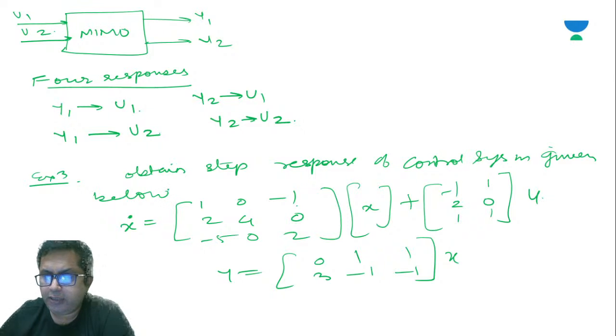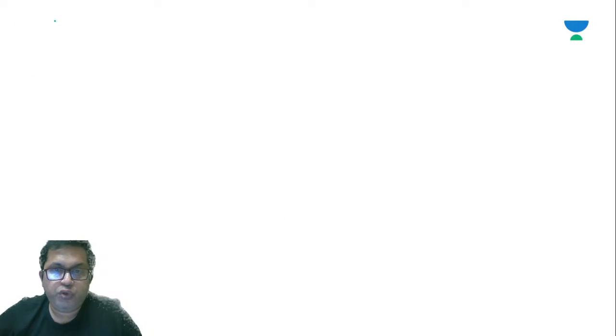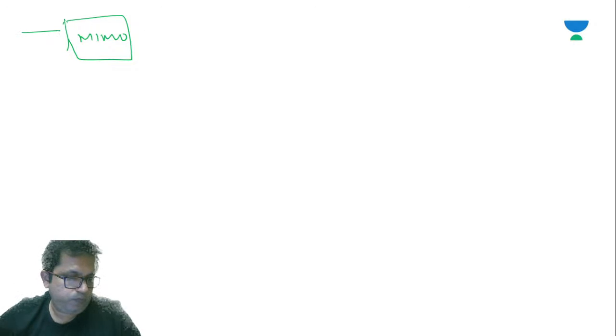So 3 states, and how many inputs? Let us see.